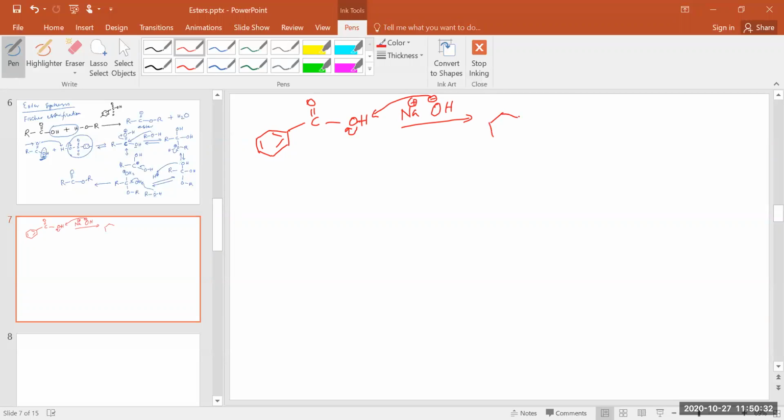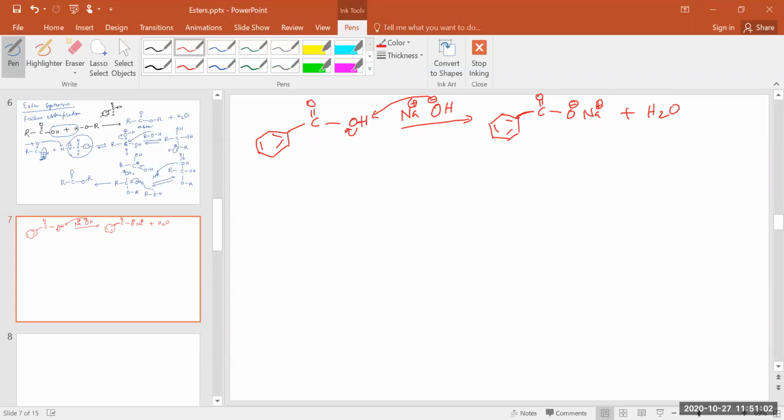It's an acid-base reaction. I showed in the last lecture the reaction with baking soda and vinegar. Same reaction. So you will have sodium salt plus H2O.